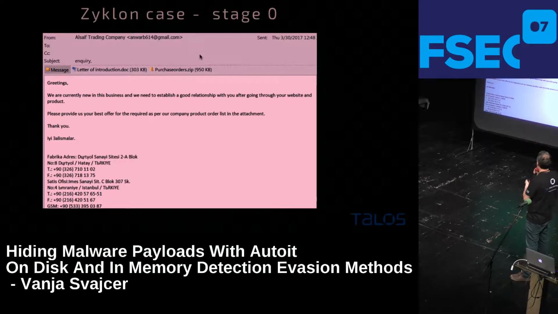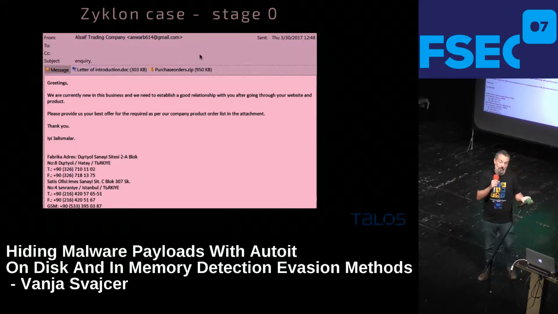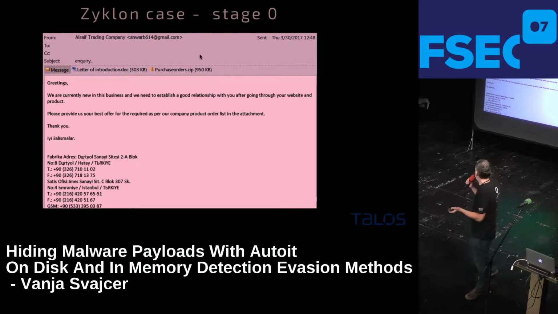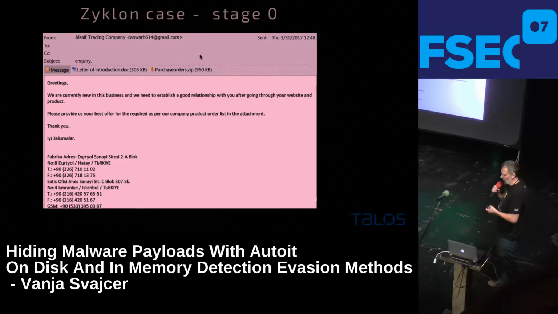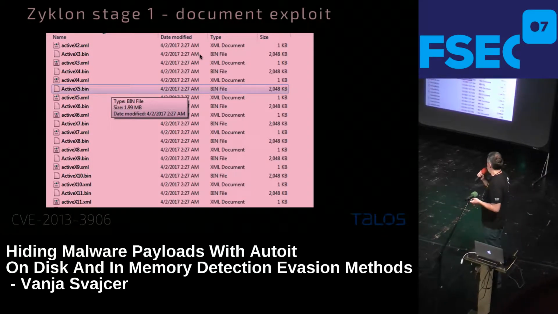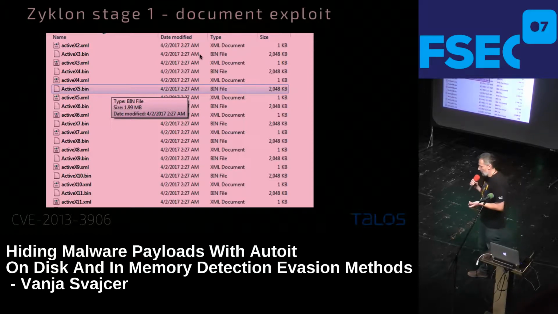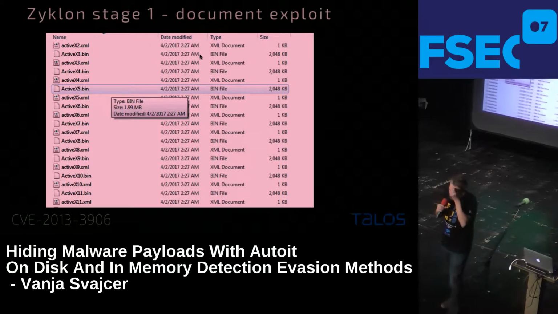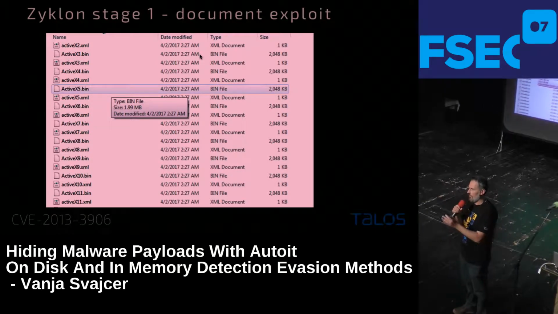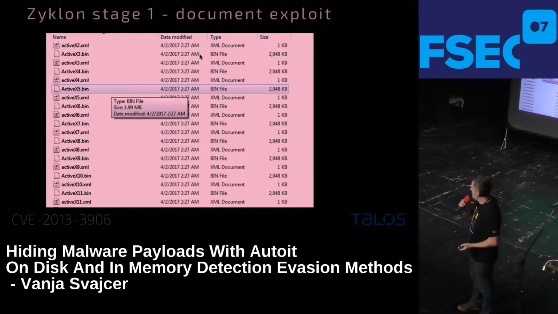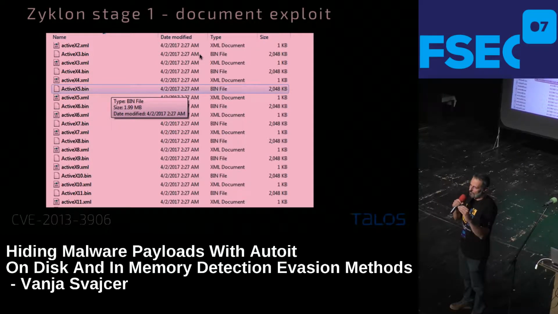It has two attachments. One is the letter of introduction.doc, and the other one is purchaseorders.zip. So why would you have two attachments? I have no idea, but that was kind of interesting. It looks like a reasonably legitimate email, but of course it's not. So the first stage, if we open the document, is CVE-2013-3906, an exploit in Word documents, basically an exploit in parsing TIFF image files, whereby you can modify the image file so that a function pointer is overwritten.